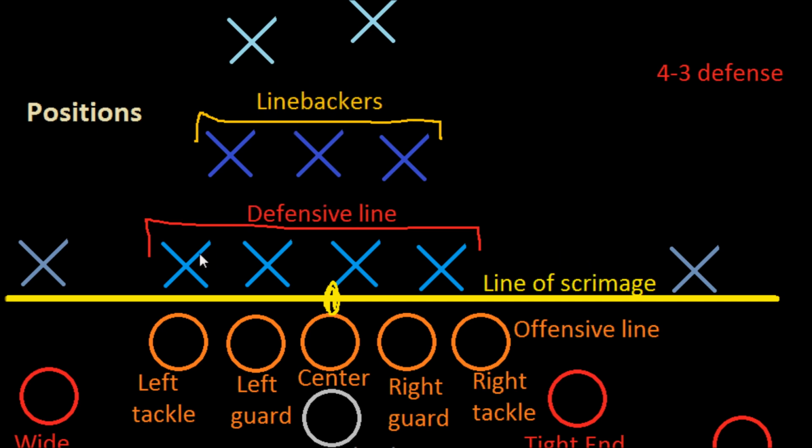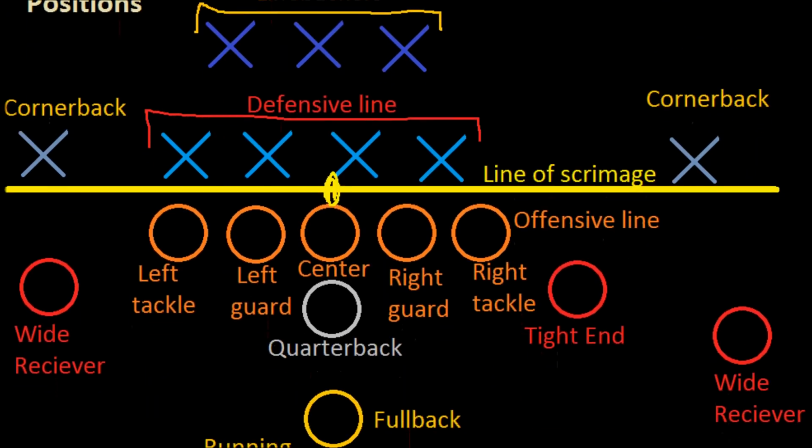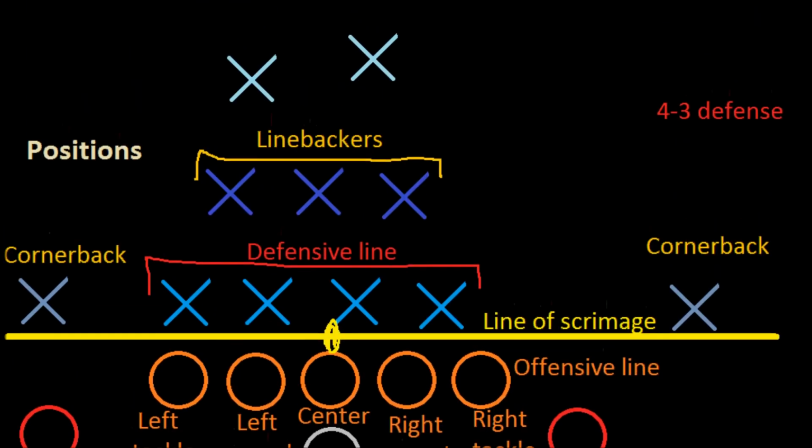So this is where you get the 4-3, and then on both sides, usually defending our wide receivers here, we have the cornerbacks. This guy is a cornerback, and this guy opposite him is also a cornerback, not to be confused with a quarterback. These are cornerbacks.